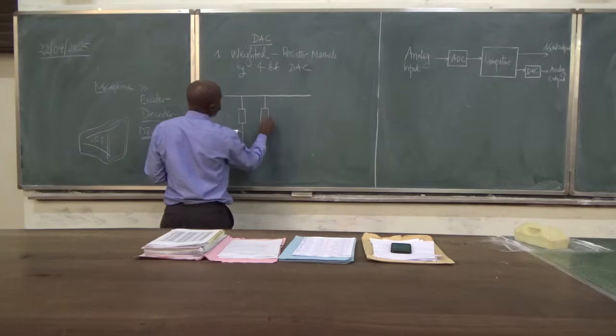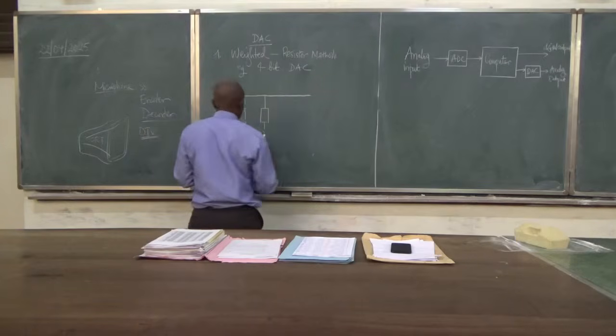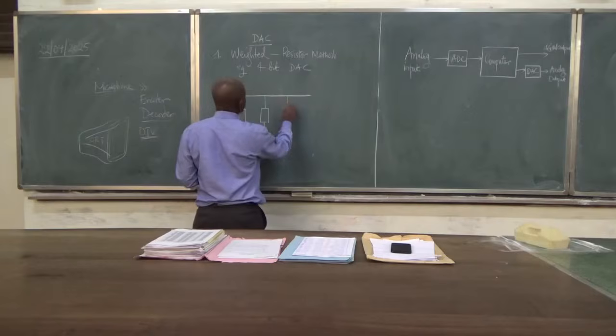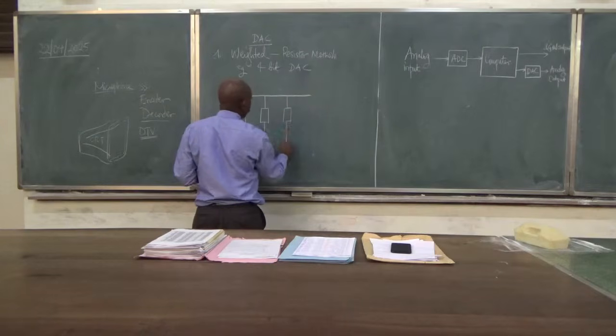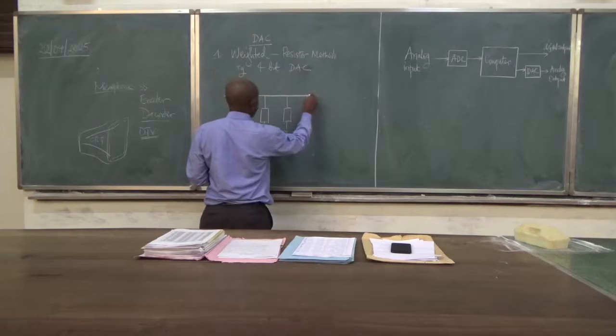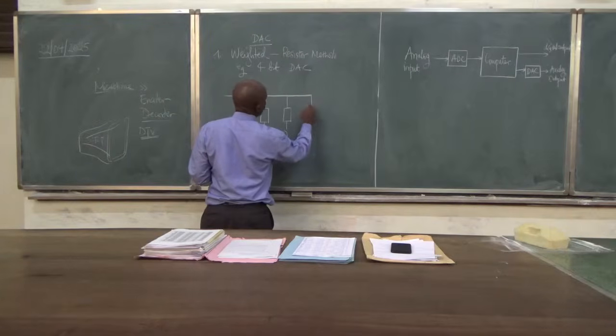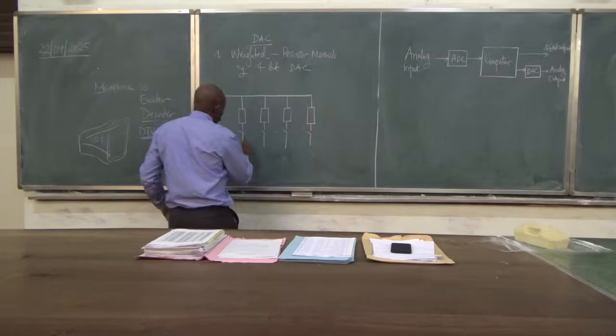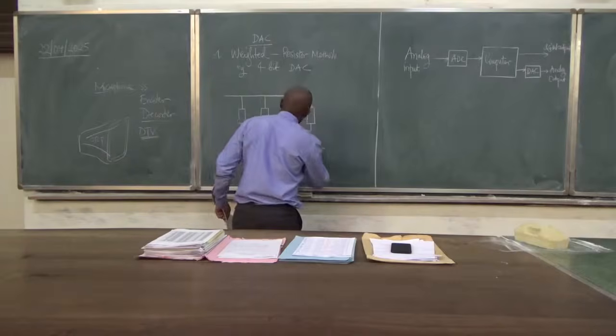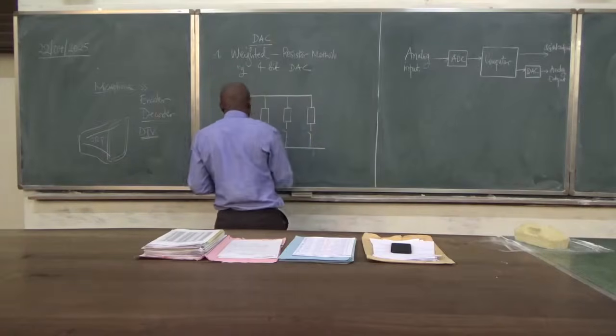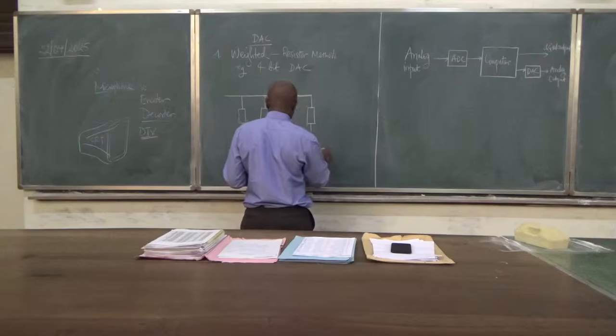If you allow me to draw this very fast. It's a 4-bit converter, so we have 4 resistances, and all of these are fed into an operational amplifier.